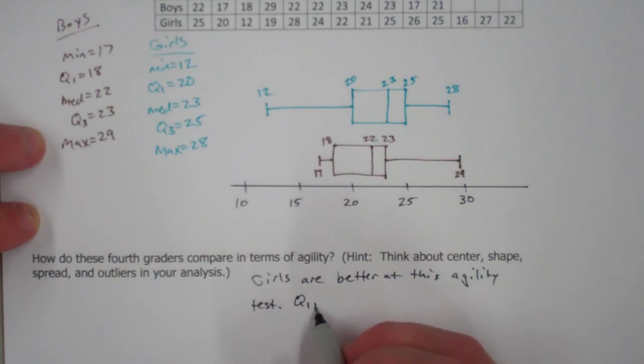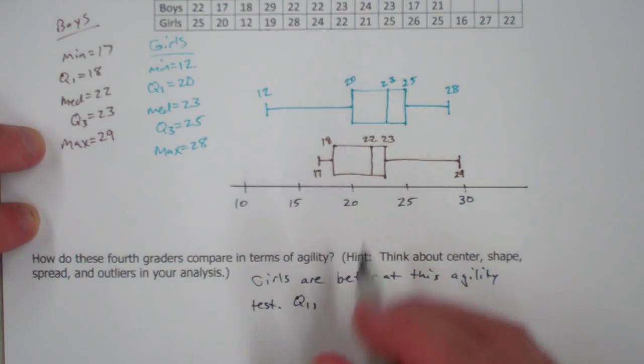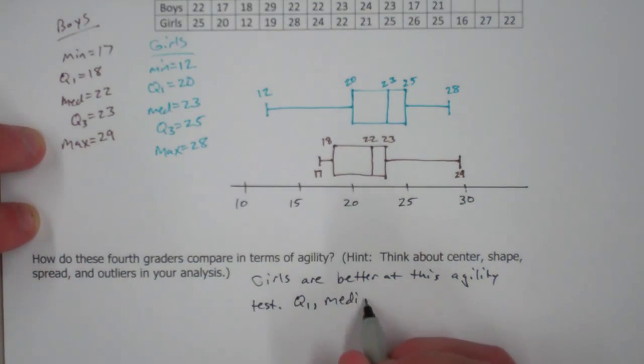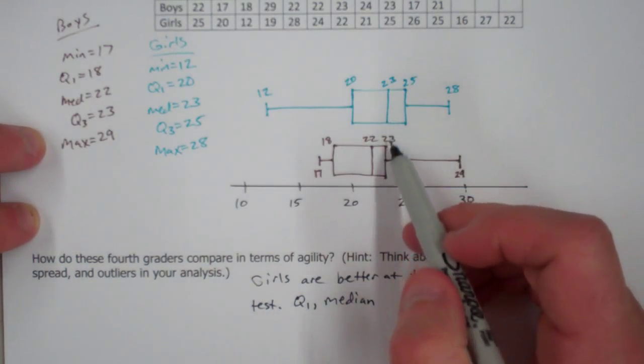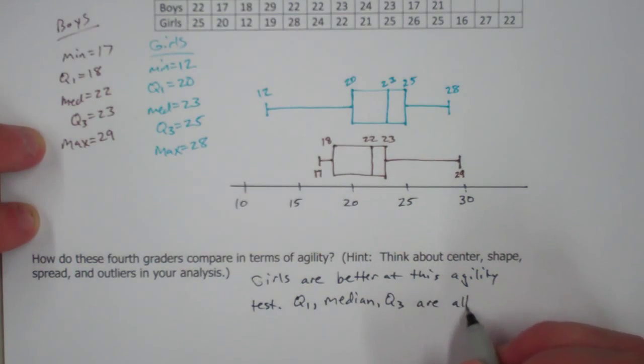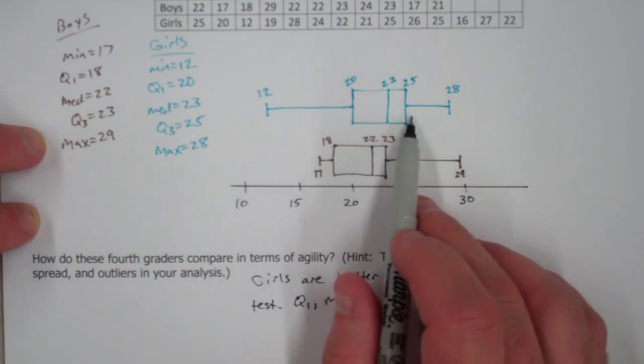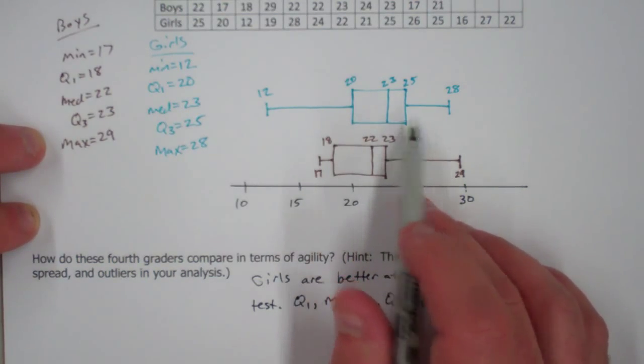Q1, 20, as opposed to 18. The median, which is 23 as opposed to 22, and Q3 are all higher. To me, that indicates that most of the data, at least 50% from here to here in each one, 50% of the data is higher for the girls.